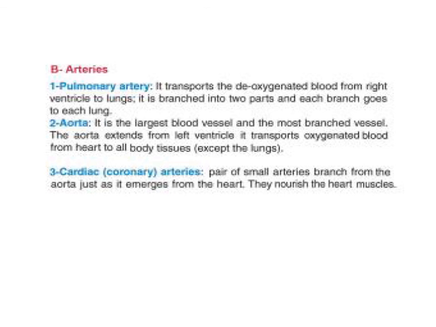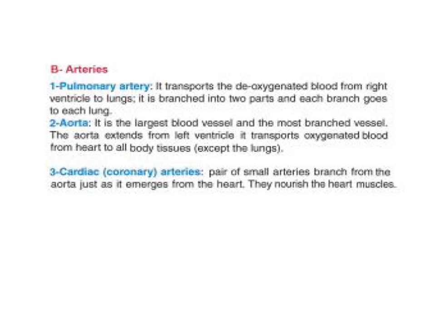Arteries, such as the pulmonary artery, transport the deoxygenated blood from the right ventricle to the lungs. It branches into 2 parts, and each branch goes to each lung. And the aorta is the largest blood vessel and the most branched.